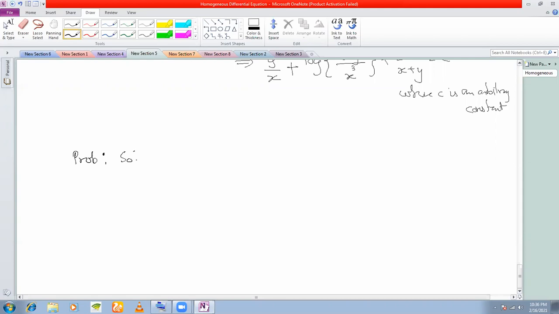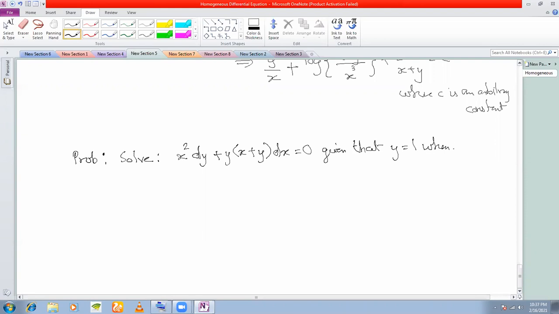Solve x squared dy plus y into x plus y dx is equal to 0, given that y is equal to 1 when x is equal to 1.